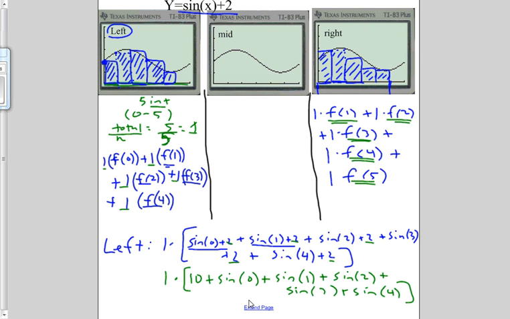And if we were to simplify that, let's extend the page.